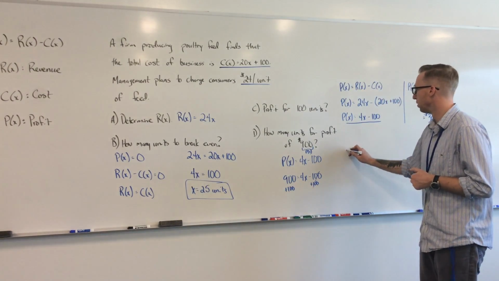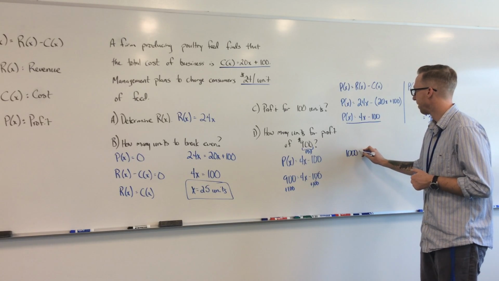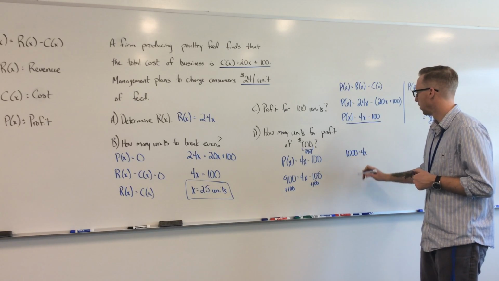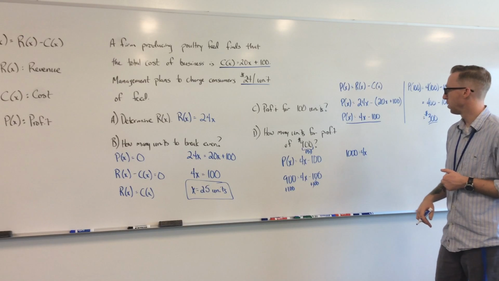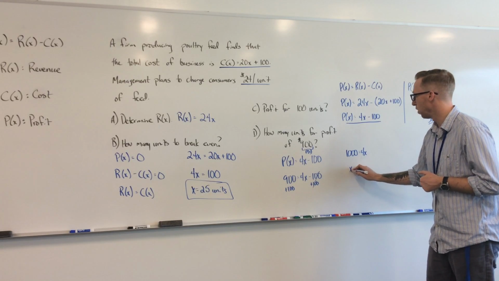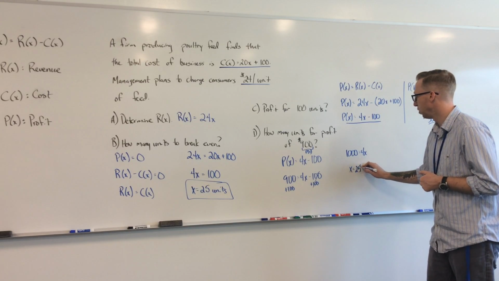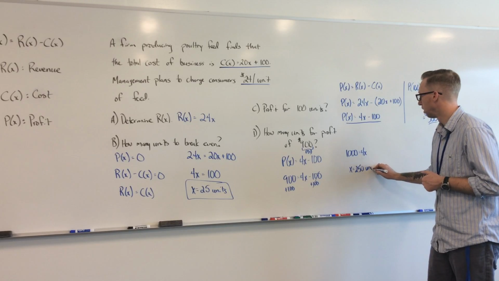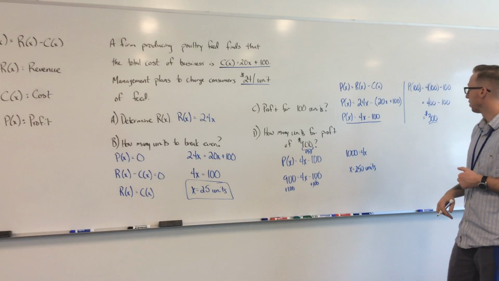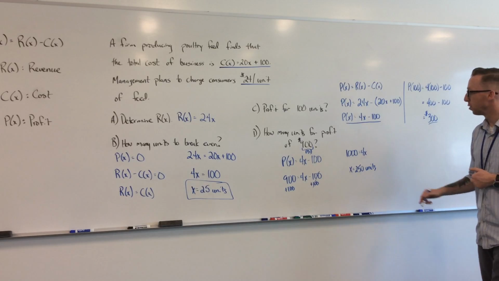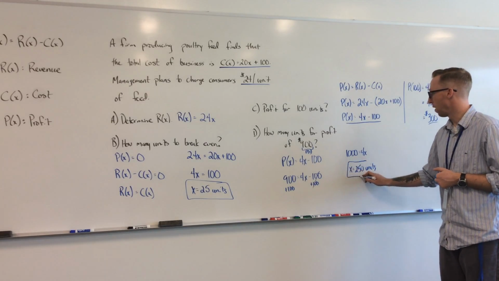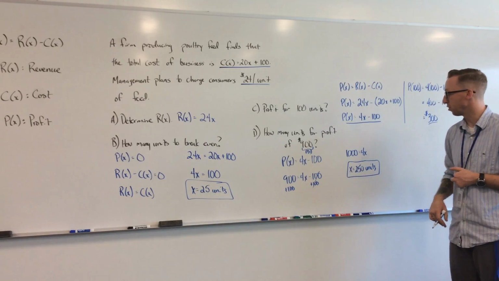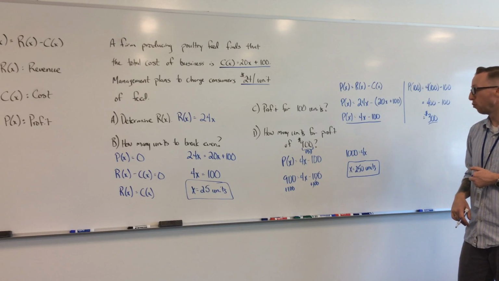Which gives me 1,000 equals 4x. What number times 4 equals 1,000? Divide by 4. And that should be 250 units. In order to make $900 of profit, using our profit function, we were able to determine that it's going to take us 250 units of poultry feed sold.